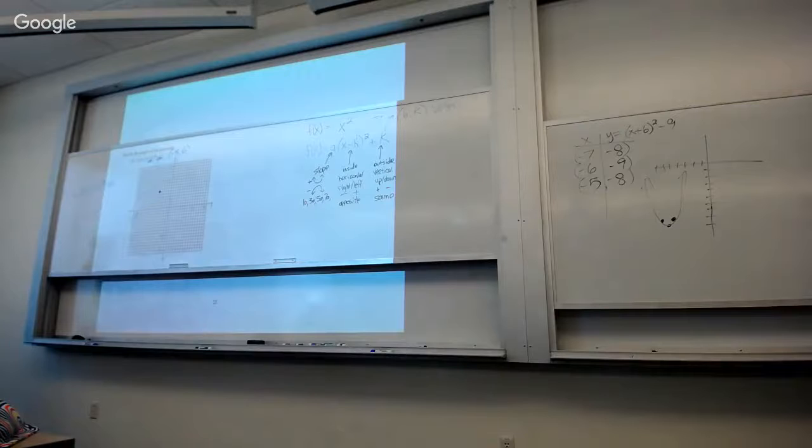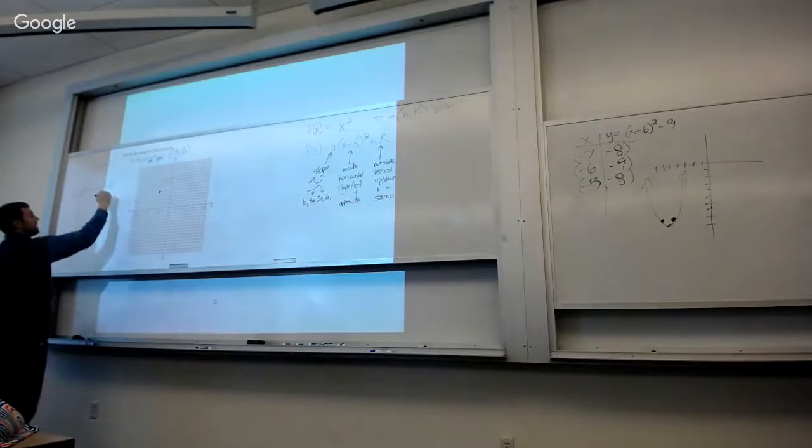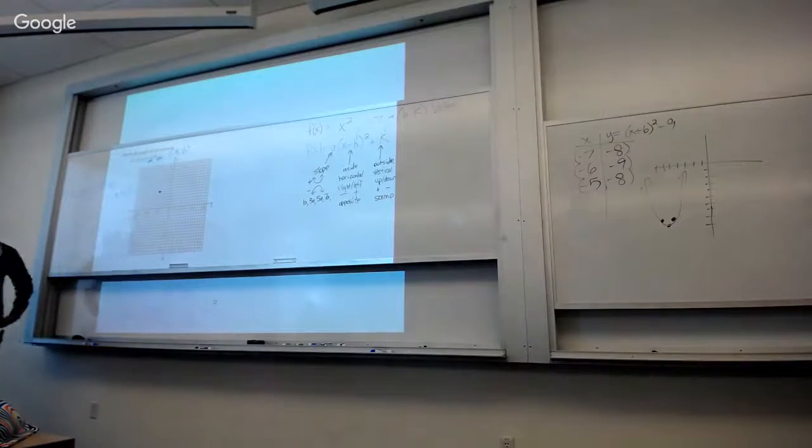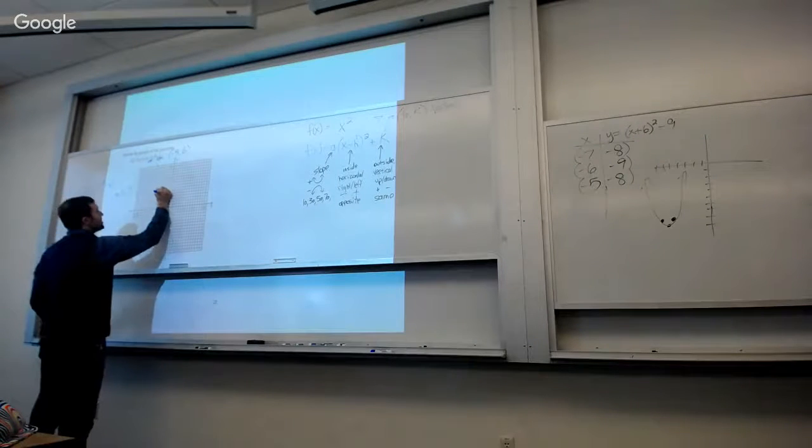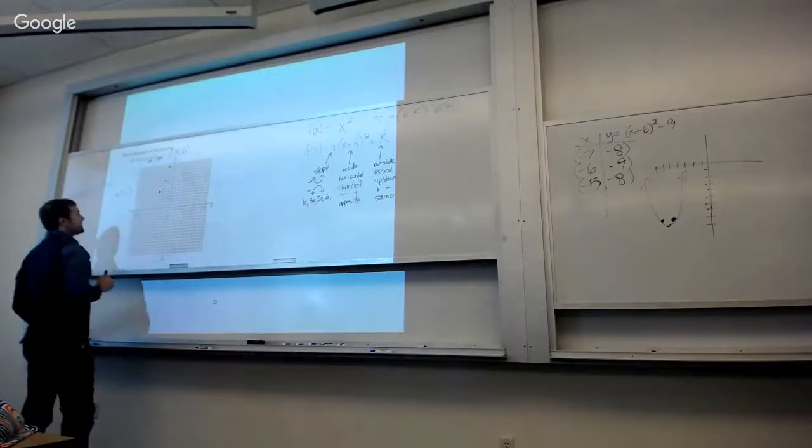So that's your vertex. And now you count out the standard slope, which is the odd numbers, 1, 3, 5, 7, and so on. You really just do as many odd numbers as you can fit on the graph. So starting from the vertex, you go right 1, up 1, right 1, up 3, right 1, up 5. And that's as far as I can go.